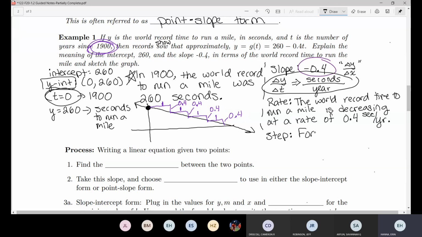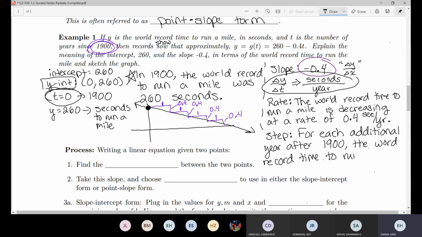So I'm going to say for each additional year after 1900, so that's telling me if I go over 1 for each additional whatever context, the world record time, I should be specific, the world record time to run a mile will decrease by 0.4. I'm running out of space, so I'm going to abbreviate seconds.